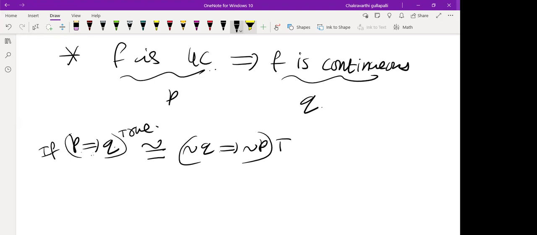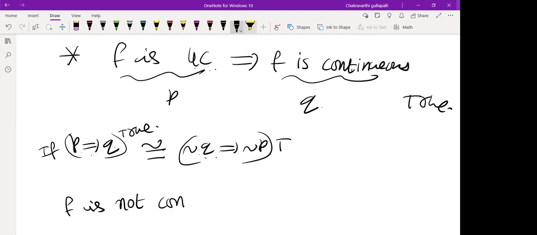So, uniformly continuous, negation q. You know, uniform continuity implies continuity. This statement is true. We already know this is a valid statement. But whenever this statement is true, this also should be true. What does this mean? Negation q means f is not continuous.